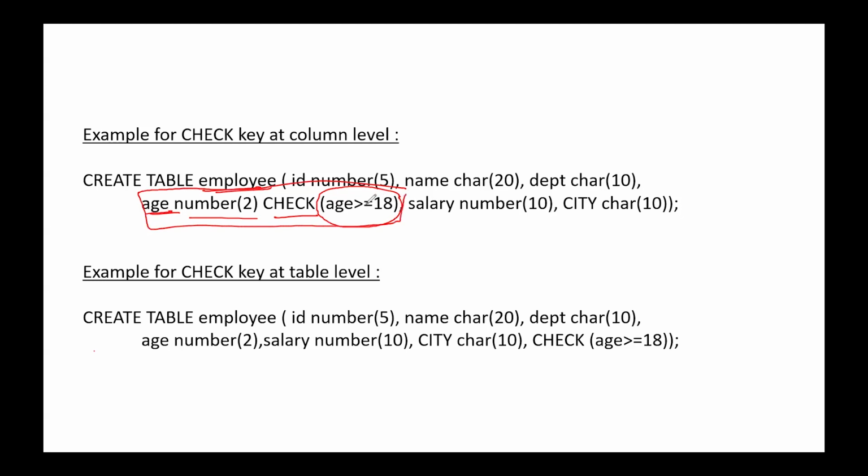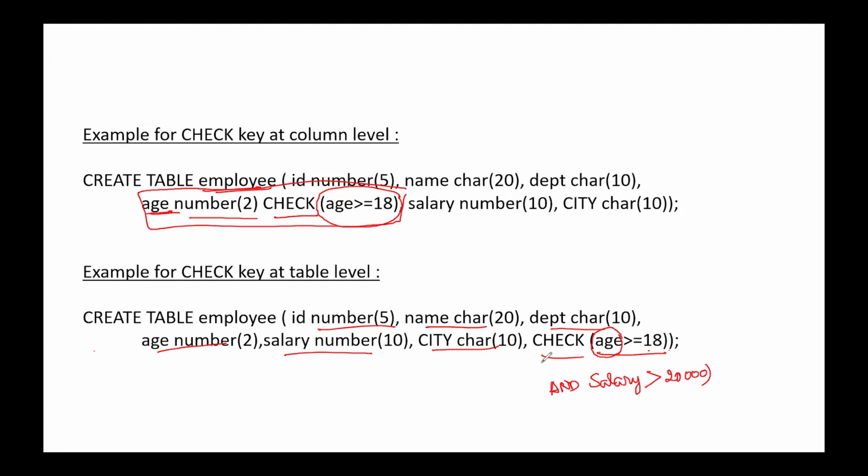Suppose I want to apply it at the table level, that is, after declaring ID, name, department, age, salary, city, and everything. I will simply apply check age is greater than 18. I will write the column name over here and then make it greater than or equal to 18. Suppose I want to put this on salary, then I can just mention add and salary should be greater than 20,000.